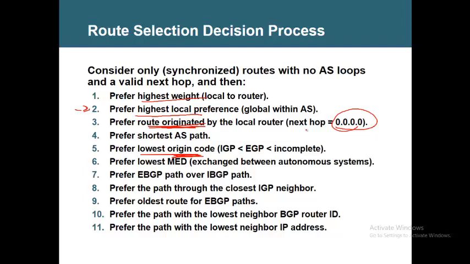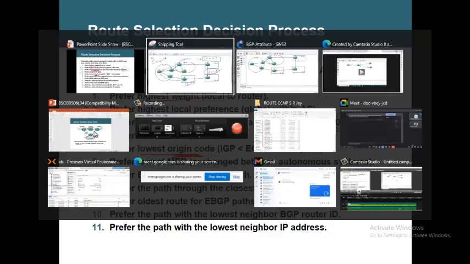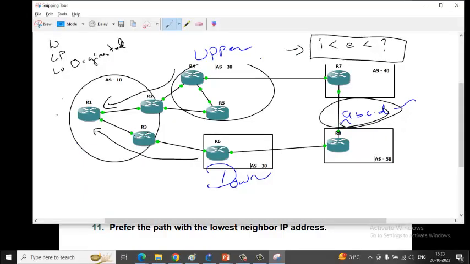Okay, next. If there is a tie in this, only then it will come to shortest AS path. And you know the meaning of this: fewer hops. In our case, if you see, both the paths have the same number of hops, upper path and lower path.